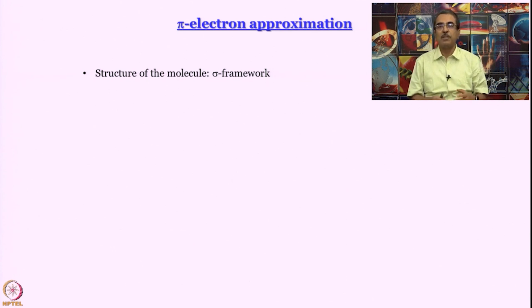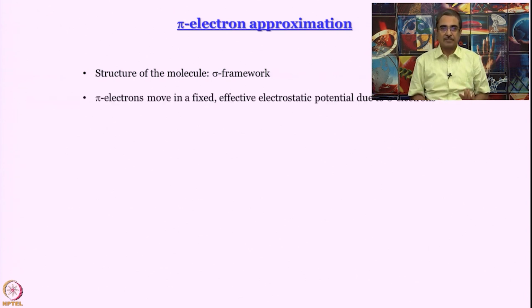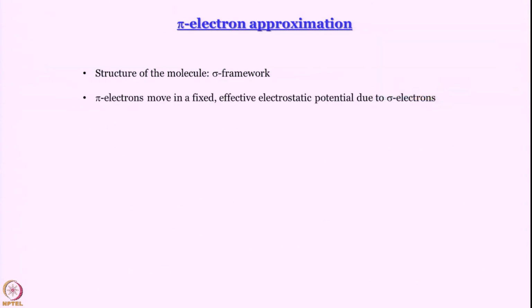We are not talking about molecules that have exclusive pi bonds only, right. So, the sigma framework has to be defined first, and pi electrons are considered to move in a fixed effective electrostatic potential involving sigma electrons. Not due to, but involving sigma electrons.